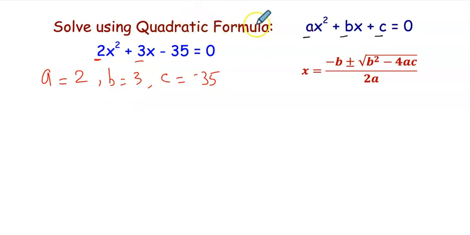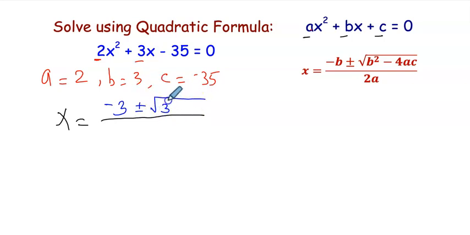Alright, let us substitute in this formula. My x is equal to, what do you have? Negative b. So minus b is minus 3, plus or minus square root of b square.